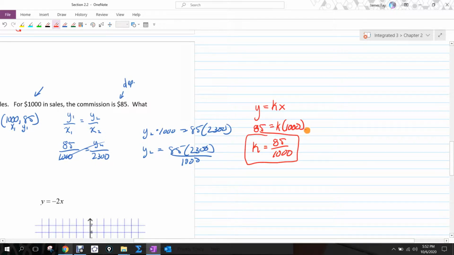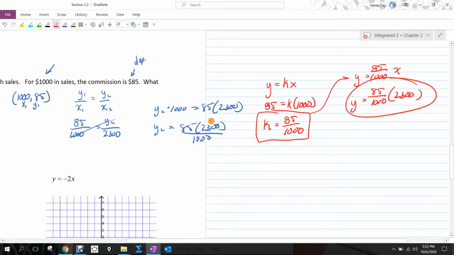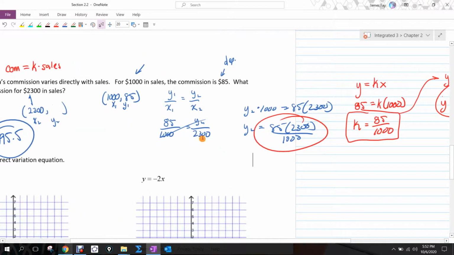So that then, when I plug back into Y equals K times X, now I've got a specific X value that I'm going to be interested in, and it's the $2,300. That's the second scenario. If you think about that right there, that is identical to that right there. But like I said, some of you might prefer this route. I think it's easier using this cross product.